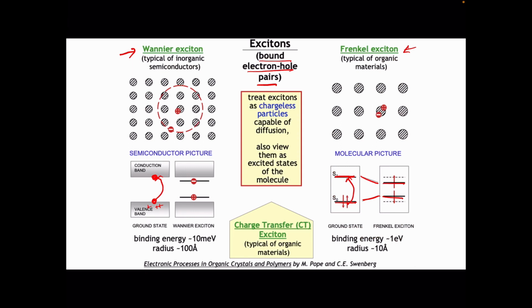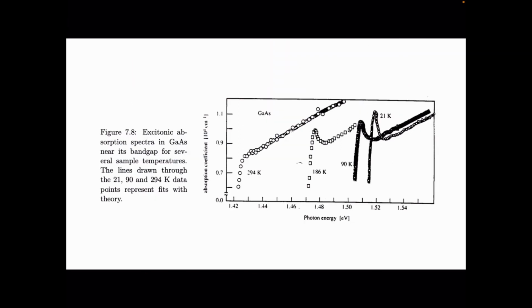There is something that I need to show you before we quit. So here you see gallium arsenide at room temperature, and gallium arsenide at lower and lower temperatures, right?